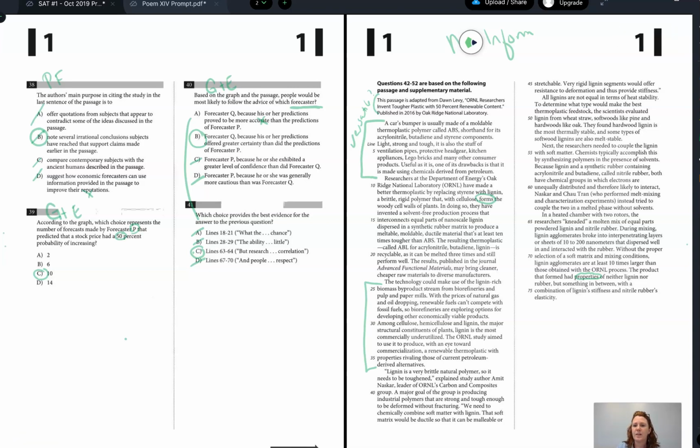Researchers at the Department of Energy's lab, so the Ornell lab, have made a better thermoplastic by replacing the styrene, the S word, with lignin. Okay, so now instead of ABS, it's like ABL, I guess. Lignin is a brittle, rigid polymer that, combined with cellulose, blank the woody cell walls of plants.